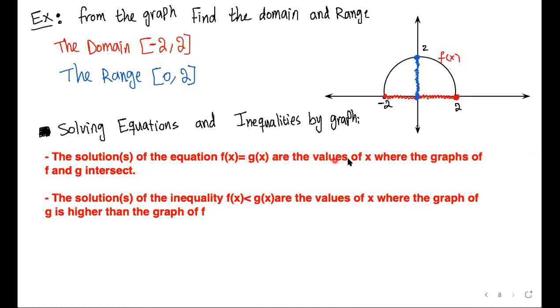The solutions are the values of x where the graphs of f and g intersect. So we're looking at both curves. When these curves intersect, I can find the x. So I'm looking for the x values such that both functions intersect.